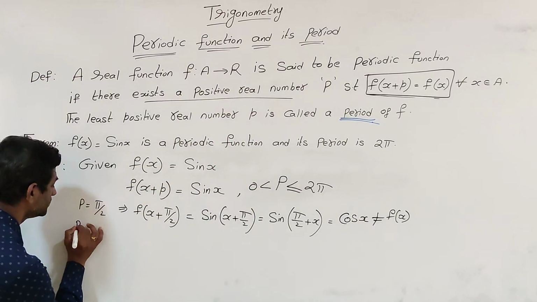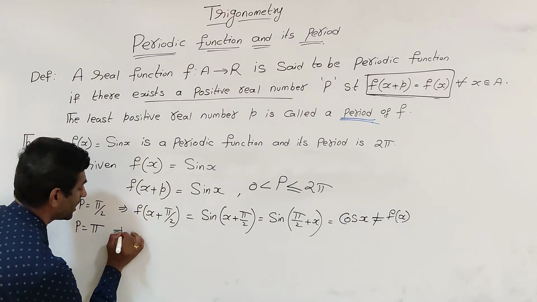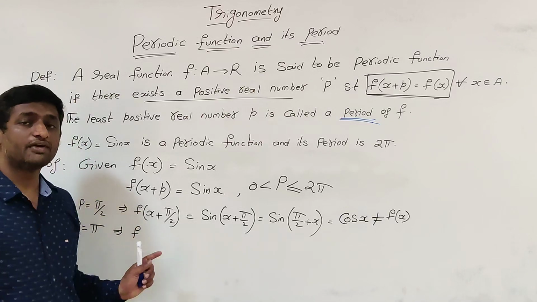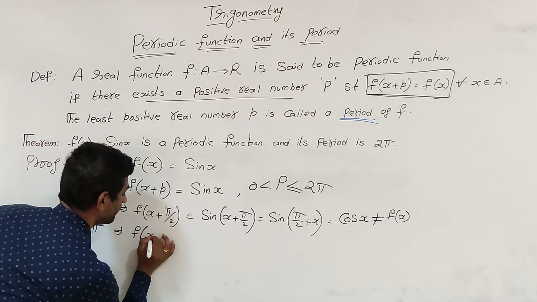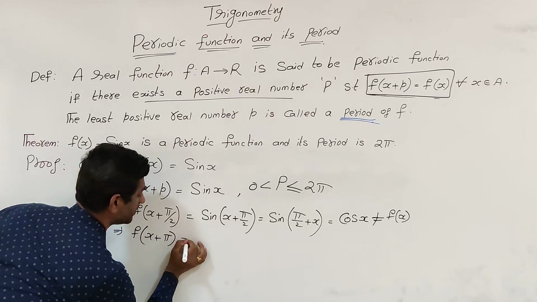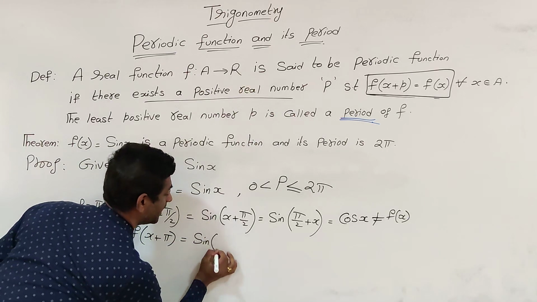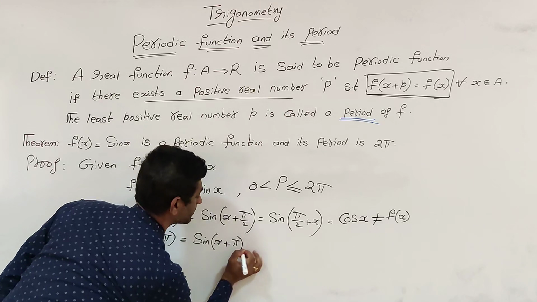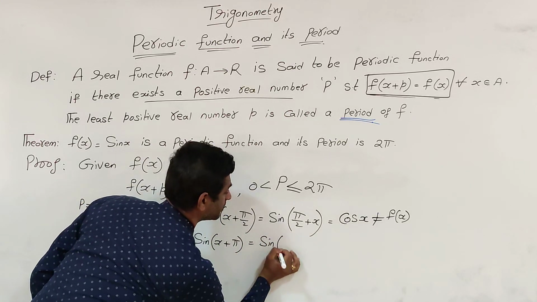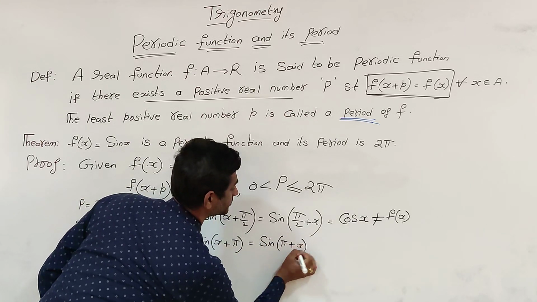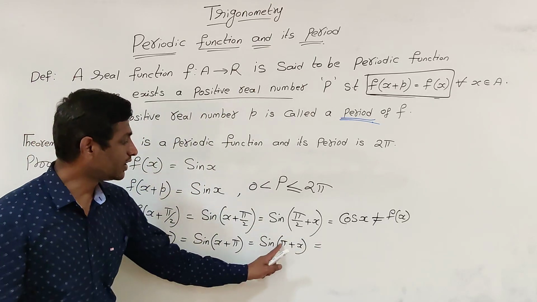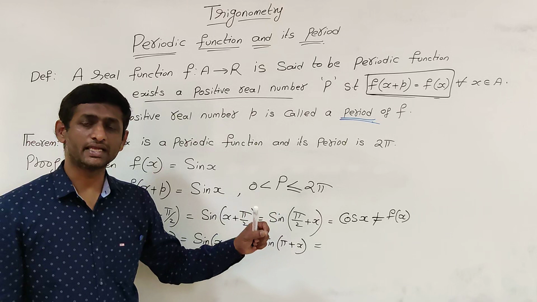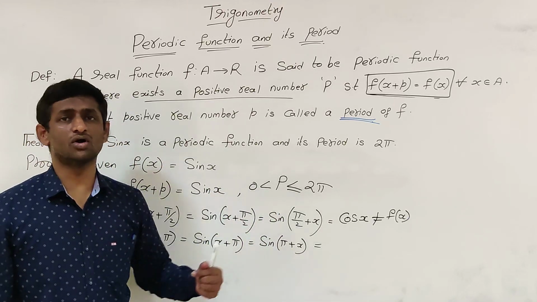Next, p is equal to pi. Let us check whether f of x plus pi will be f of x. f of x plus pi means sin of x plus pi, that means sin of pi plus x. What is sin of 180 plus theta? 180 plus theta is an angle that lies in the third quadrant.